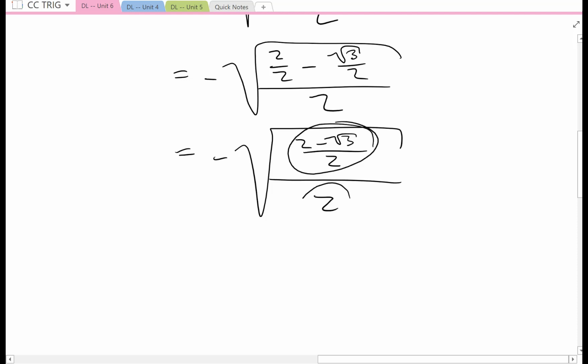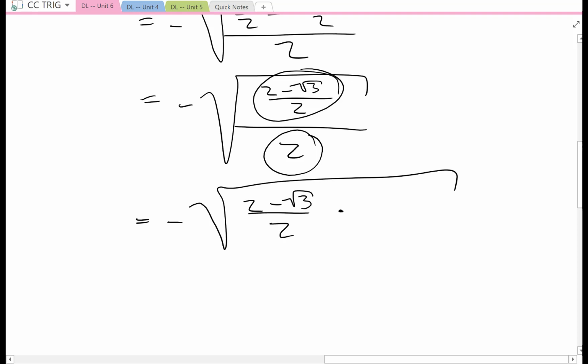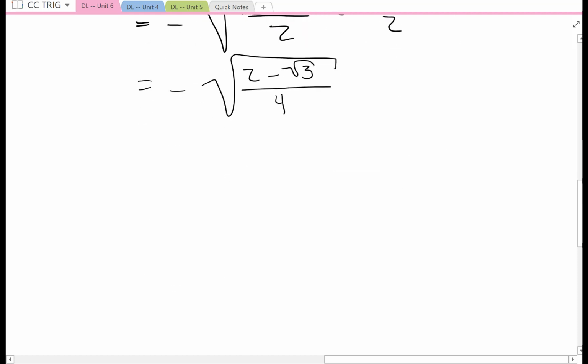You have a fraction divided by a fraction, so we can write them next to each other and multiply by the reciprocal. Negative square root of 2 minus root 3 over 2 divided by 2, so times 1/2. Multiply straight across, numerator times numerator, denominator times denominator. 2 minus root 3 times 1 is just 2 minus root 3. 2 times 2 is 4.